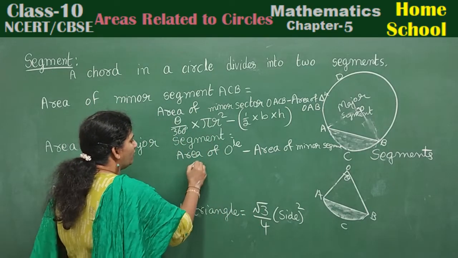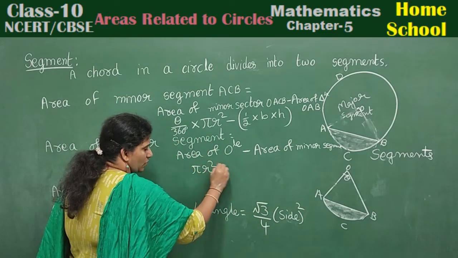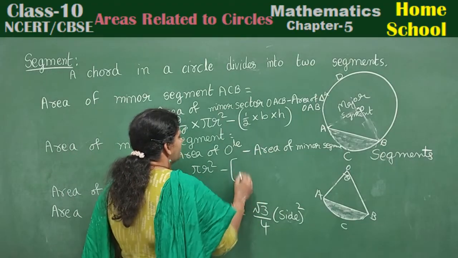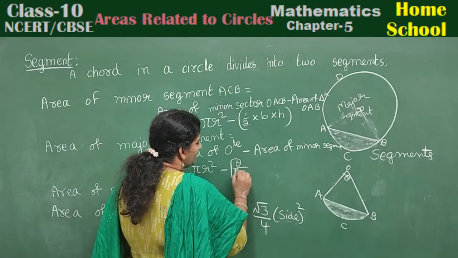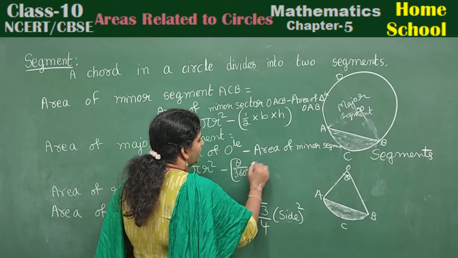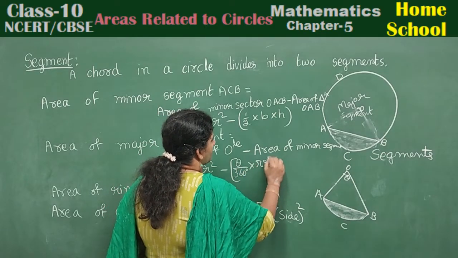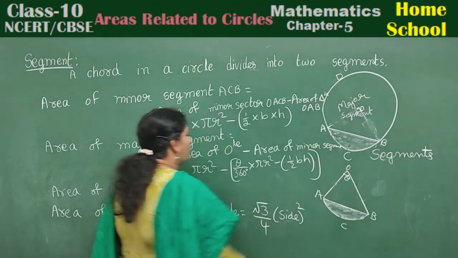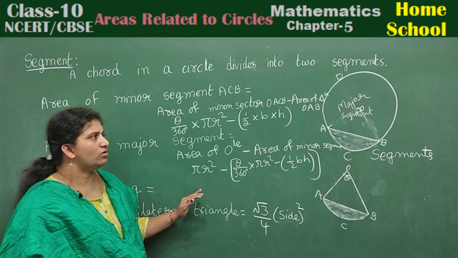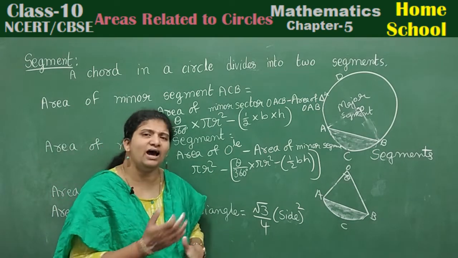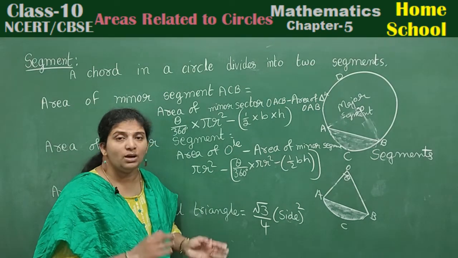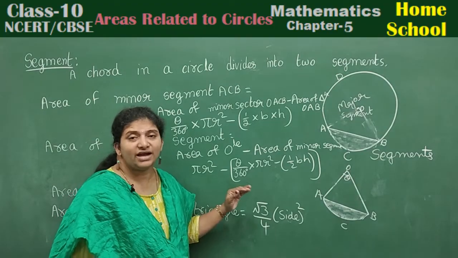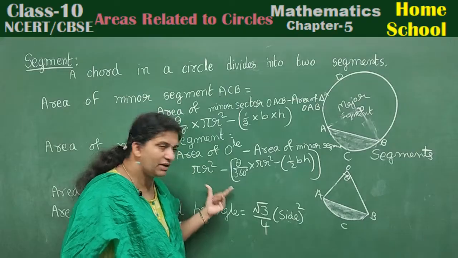Area of circle formula, pi r square, minus area of minor segment, which means, what we have written before, theta by 360 degree into pi r square minus half base height, area of triangle. So to learn these formulas by heart may be difficult, but to understand these formulas is very easy. Try to understand carefully. Once again, let me repeat.